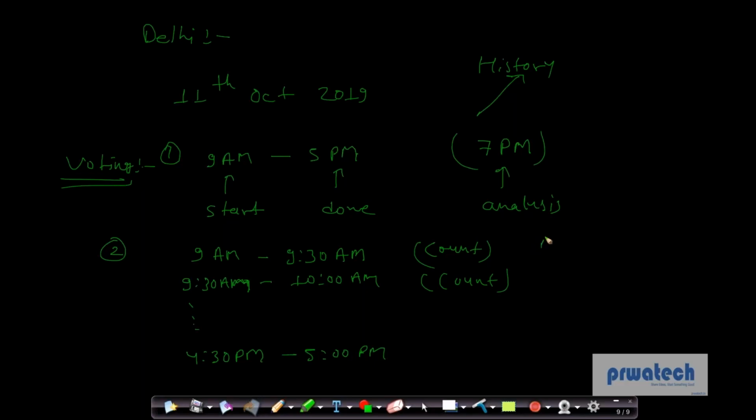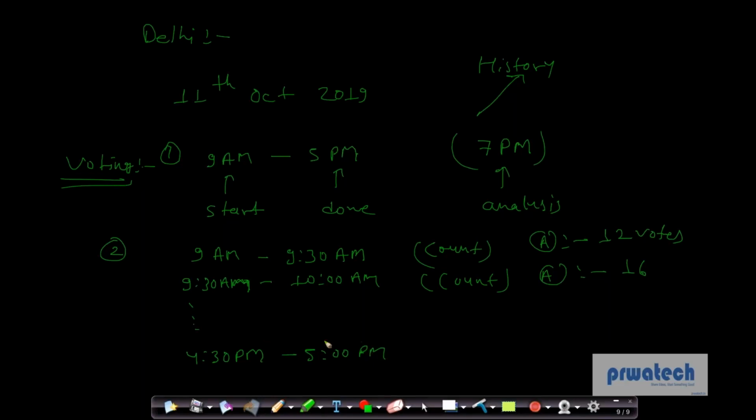So if A is a party, and party A has in total got 12 votes, I'm not separately saying from 9:30 to 10, A has again got 4 votes. I'm saying 12 plus 4, which is 16 votes. And likewise, I'm aggregating it.